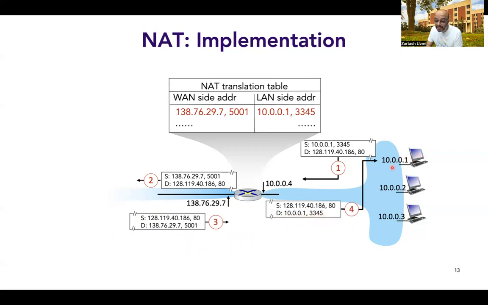So this host would not even notice that the source address of its datagram was translated by the NAT device. This is transparent to 10.0.0.1, which is running behind a NAT device. It works as if it has reached the destination at port 80 and has received a response from that.